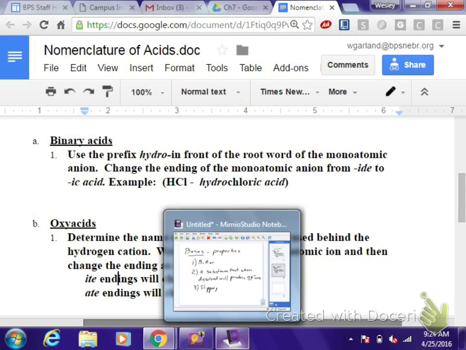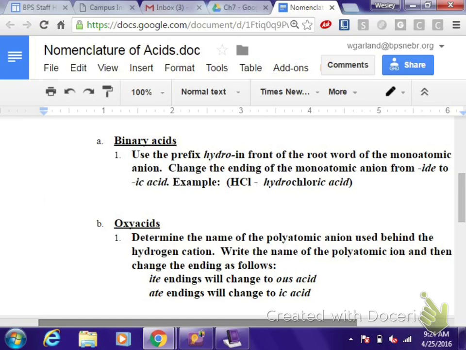H is in front. You should know that if an H is out in front, it's probably an acid, because we did acid-base reactions called neutralization reactions. So if it's an H out in front, other than water or hydrogen peroxide, it's an acid.